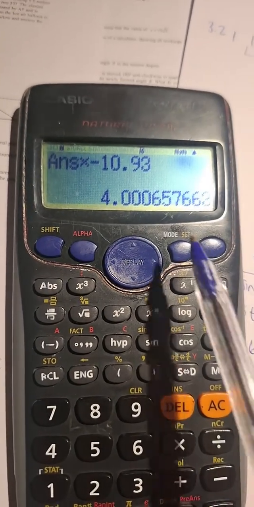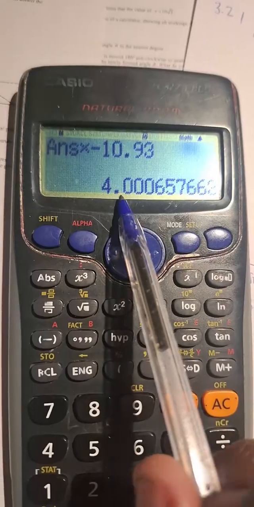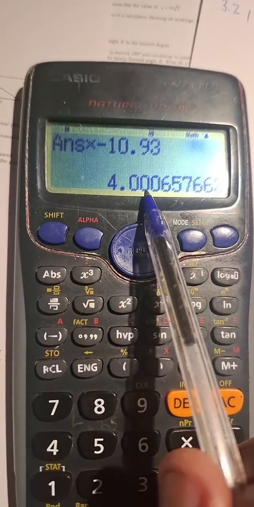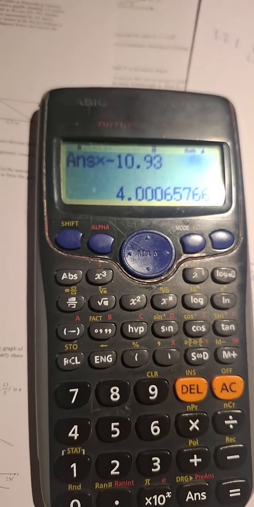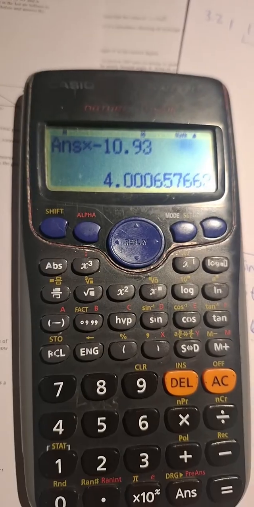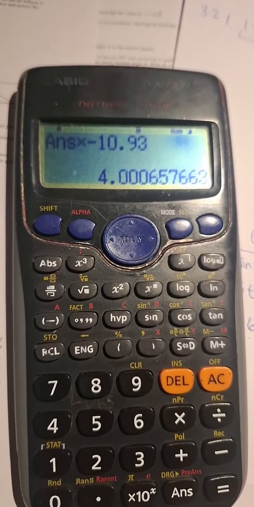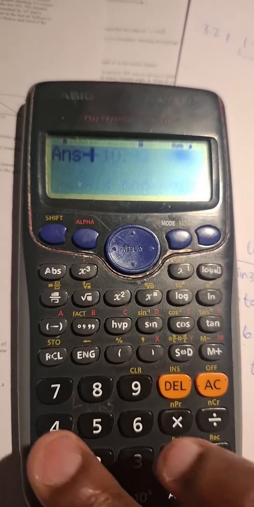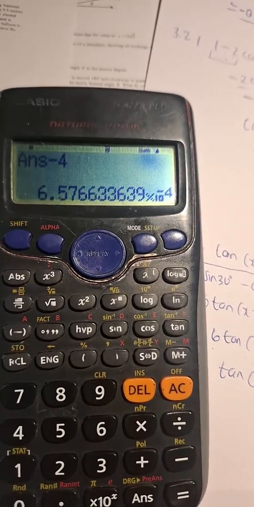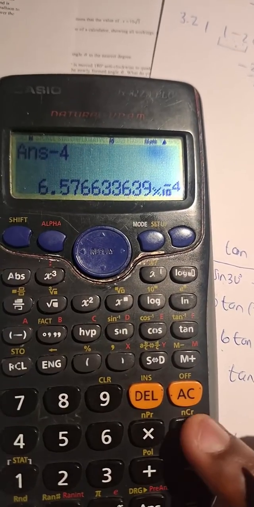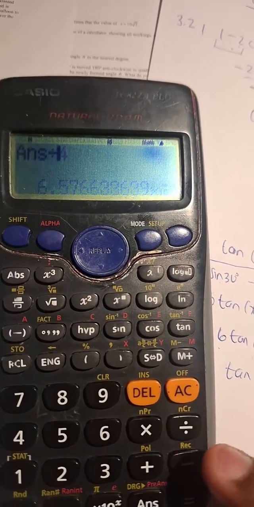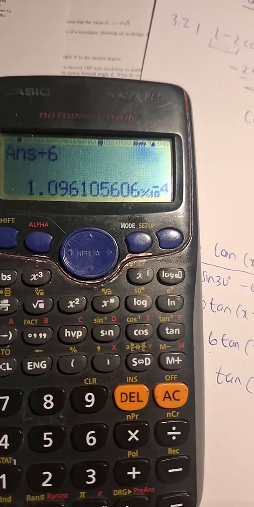Okay. Now obviously if we subtract 4, we have 0,0006. So if we subtract 4, that is weird. Then we divide that by 6.